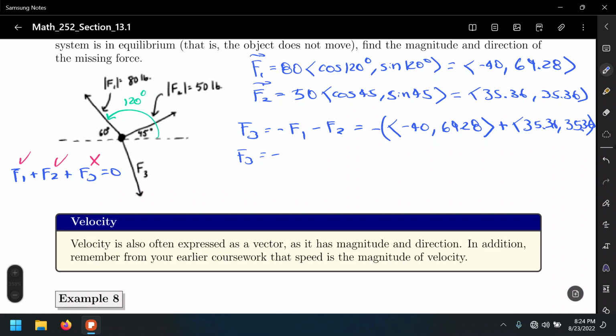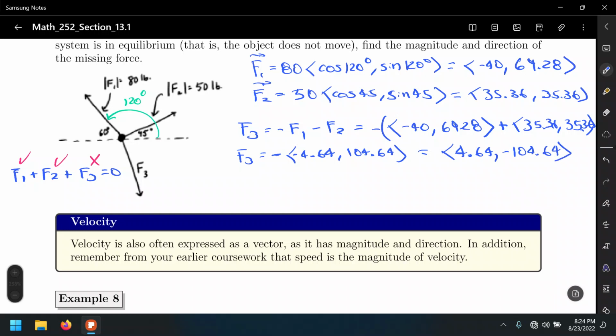All right, which in this case is going to be negative 4.64, negative here because negative and a positive, and 104.64. But because we have the negative outside from the solution of the equation for F3, let's get this actually positive 4.64, negative 104.64.